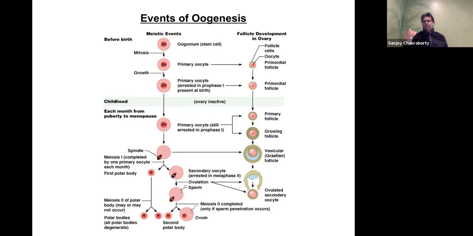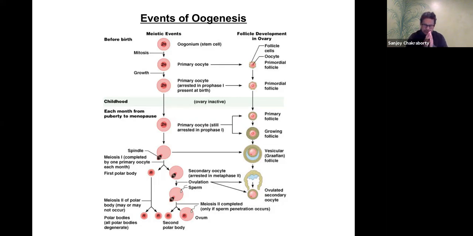So that's story number 1. And the second part begins at the beginning of puberty. At the beginning of puberty, the anterior pituitary releases a hormone called FSH, follicle stimulating hormone. We know what follicle means already: it's a package, the egg and all these cells guarding the egg.